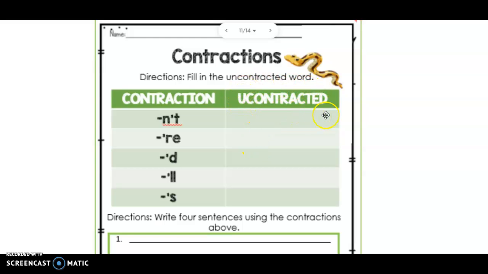Now, if it is uncontracted, that means that it is the full word. So the contraction n't is actually the full word not. Please type in not.